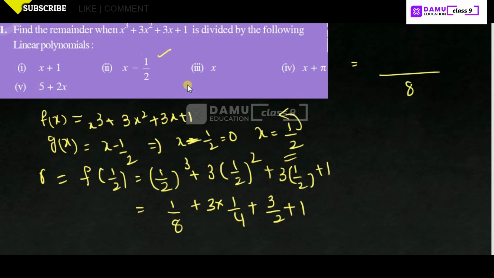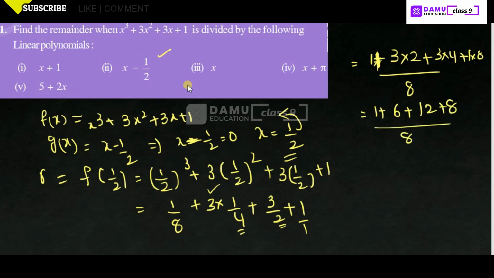So here 8, and 1 is already there over 8. For 3 by 4, what do we need to multiply with 4 to get 8? 2, so 3 into 2. For 3 by 2, we need to multiply with 4. For the 1, we multiply with 8. So we get 1 plus 6 plus 12 plus 8 over 8, which is 27 by 8. So the remainder is 27 by 8.